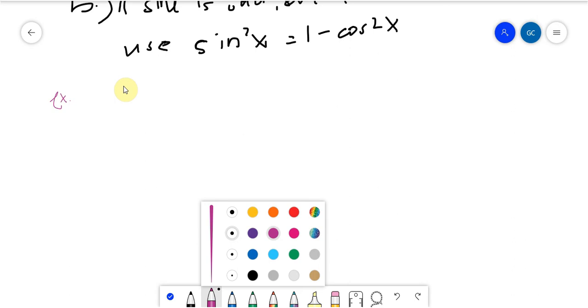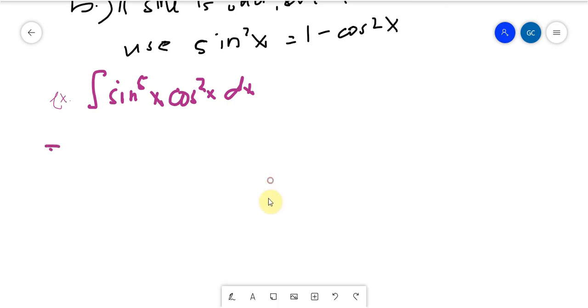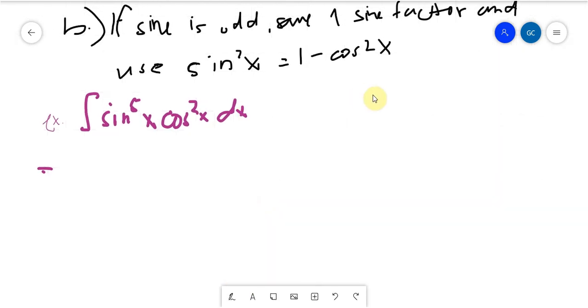What if I have the integral of sine 5x times cosine squared x dx? For the first condition, we will save one sine factor and use sine squared x is equal to 1 minus cosine squared x.